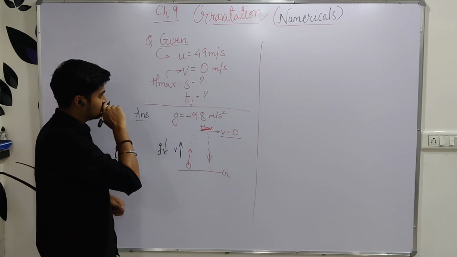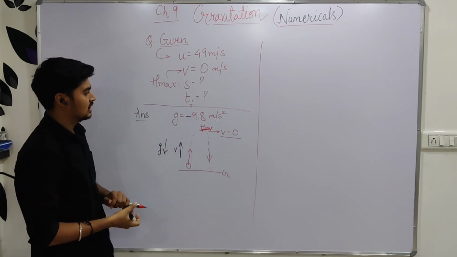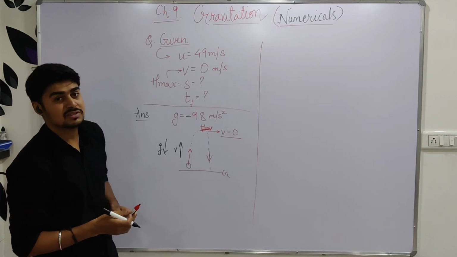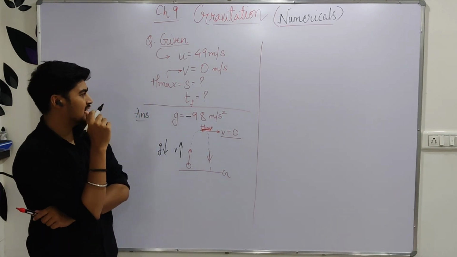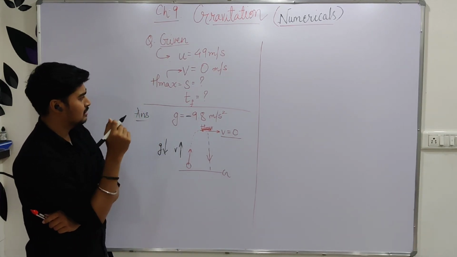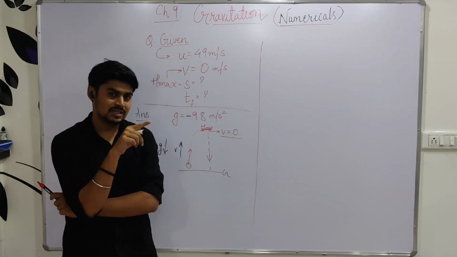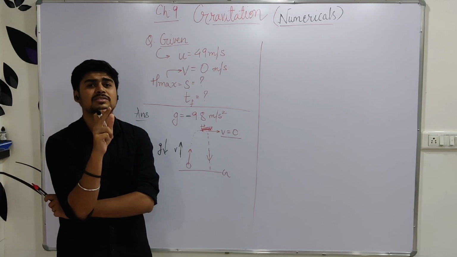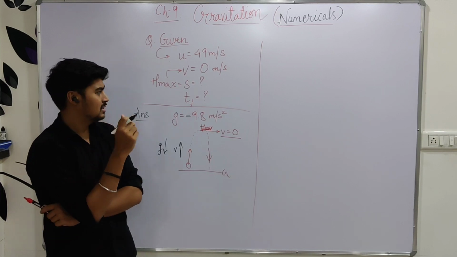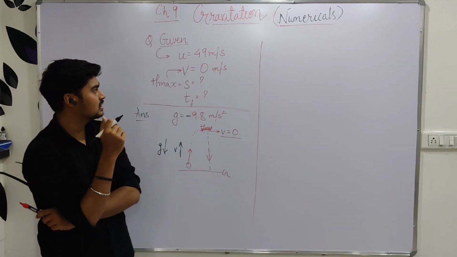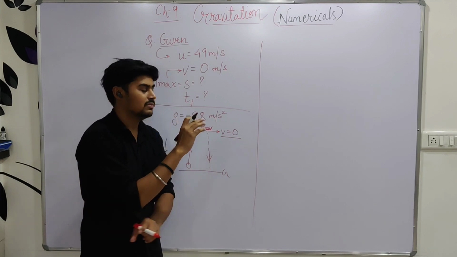Okay. So if the gravitational acceleration is there and it is constant, we will go with the equations of motion. I think we can use the second equation, s is equal to ut plus half at square. But to calculate s in that equation, I will need time t, and no data related to t is given. So we have to find t first.